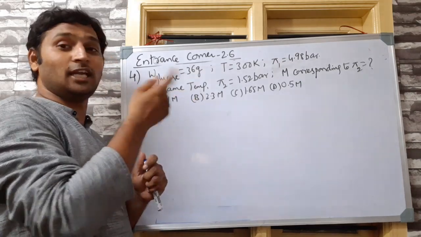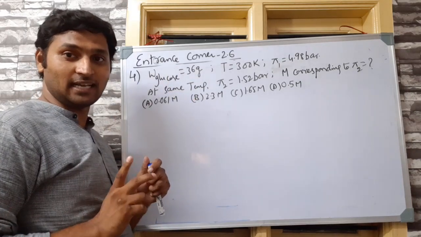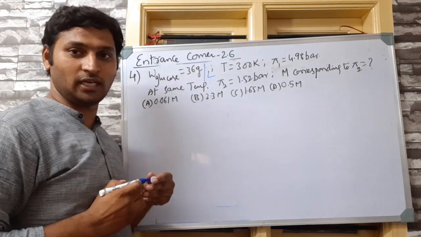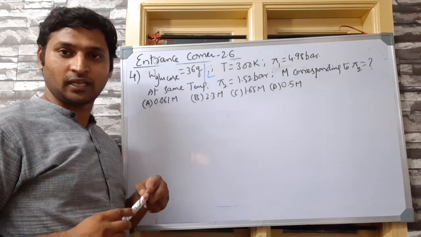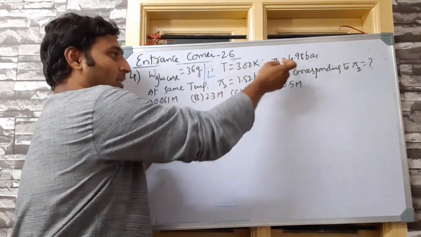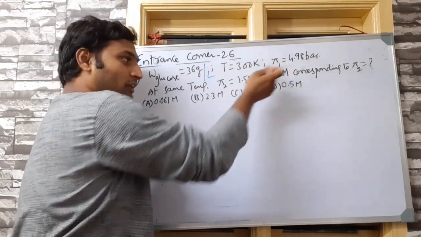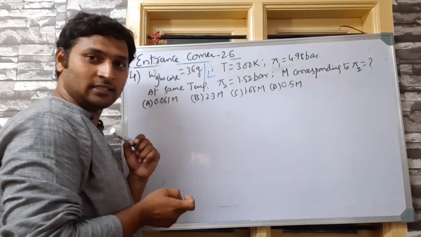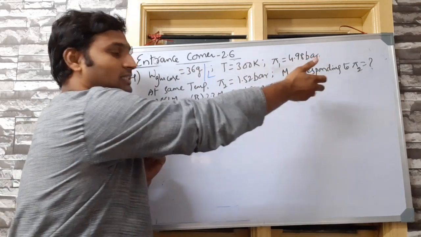What concentration could it have been? He is asking. And by the way, he has mentioned 36 grams per liter, which we have to notice. Clear? So he has given osmotic pressures at two different concentrations, and he has given you the information required to calculate the first concentration. He is asking you for the second concentration.